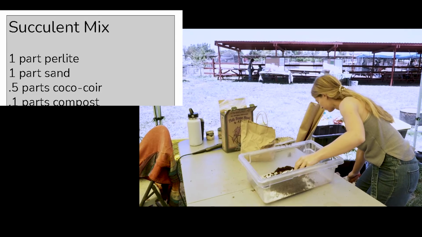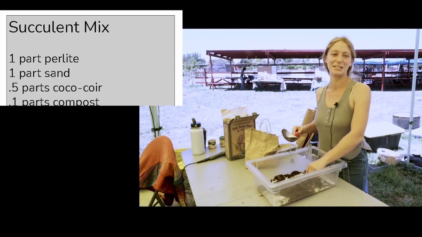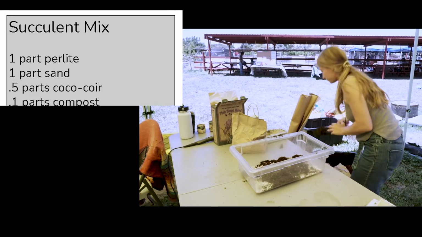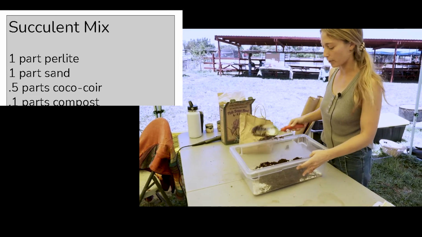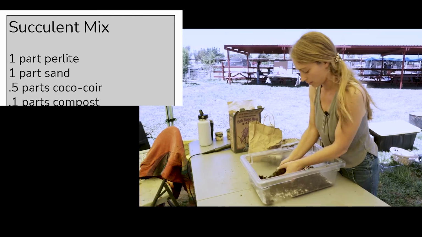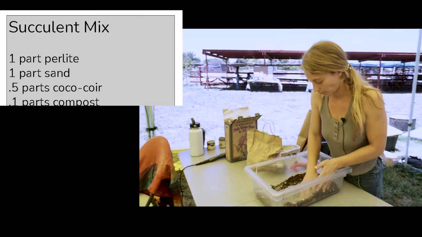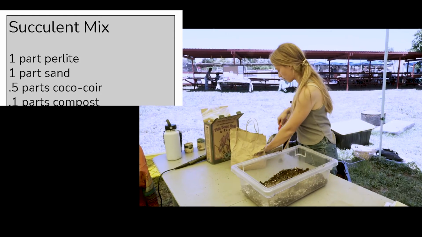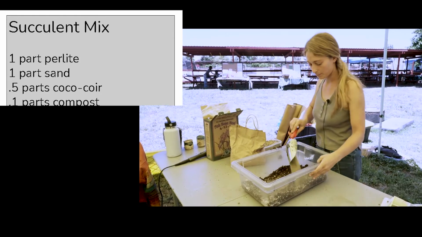I think it's supposed to say 0.5. I'm trying to read my recipe. And then just 1 part of compost. This one just has 1 part of compost to all those other things. Put too much compost in.